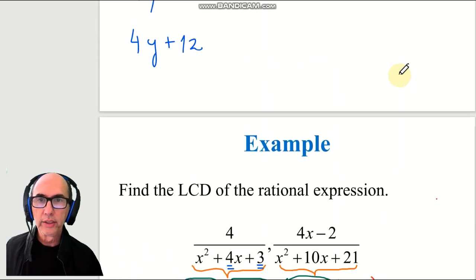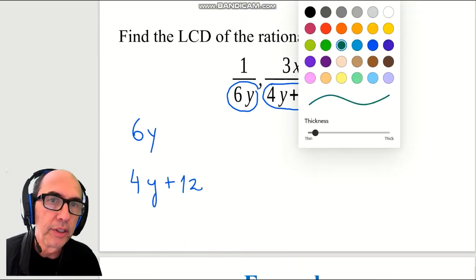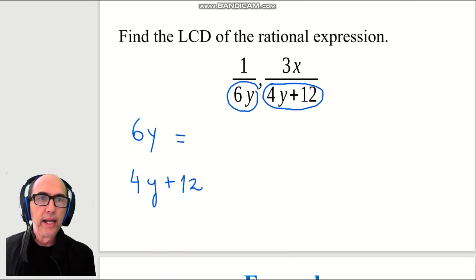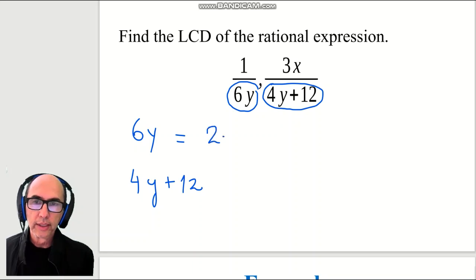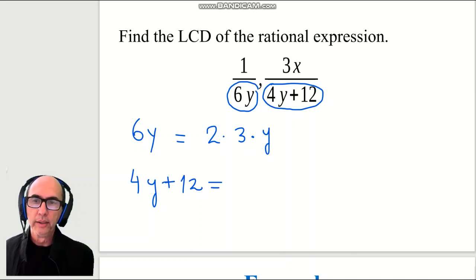Another example. Let's go back to this one. I don't like this example, but let me show it anyway. If we want to break down 6y, we can write it as 2 times 3 times y, okay? So 3 factors. If we want to break down 4y plus 12, look, we cannot break down this plus.